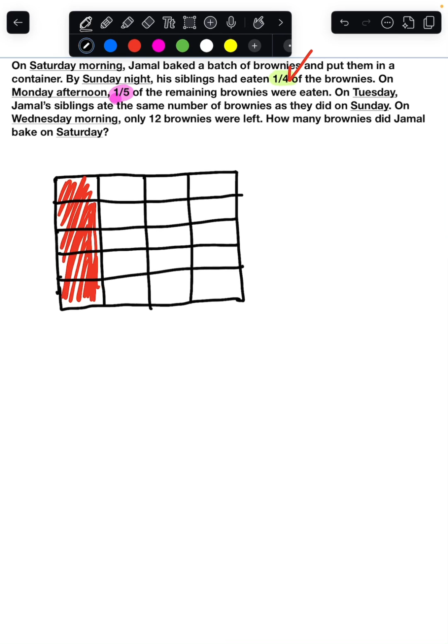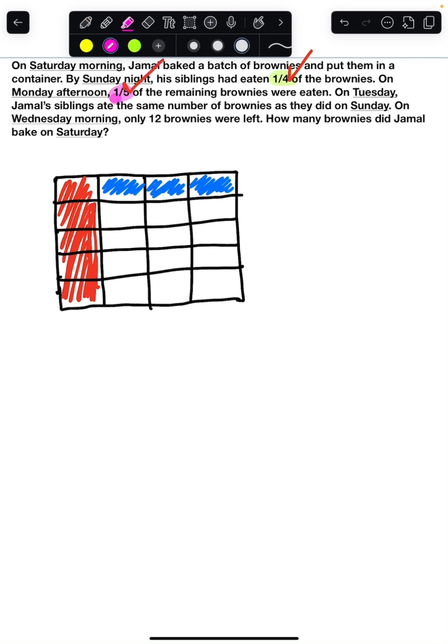Perfect. Well, 1/5 is the same as 3/15, so we are going to cross off 1, 2, and 3. Perfect. And we are done with our next part.